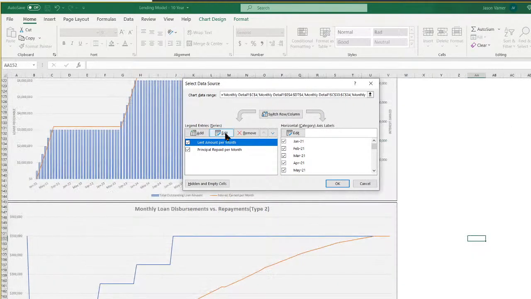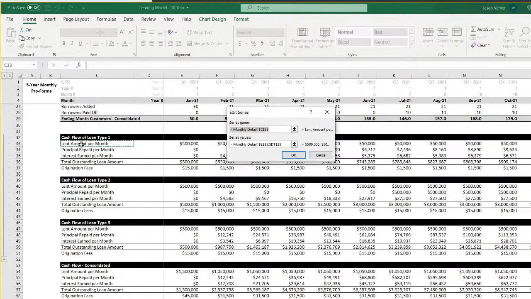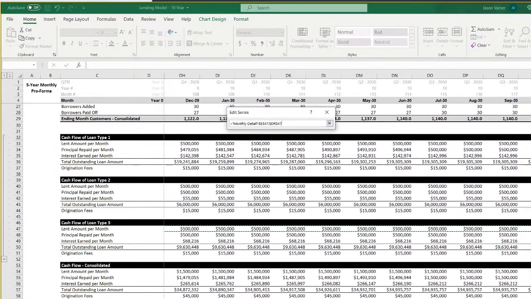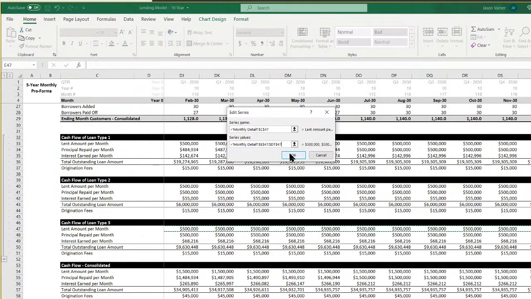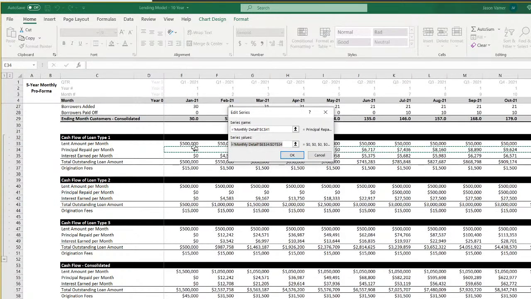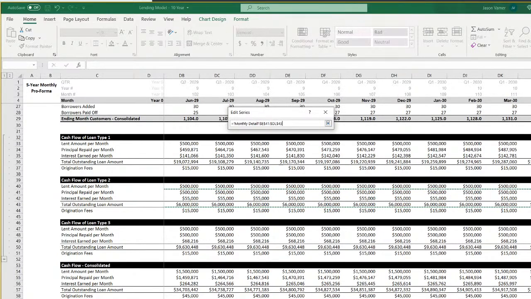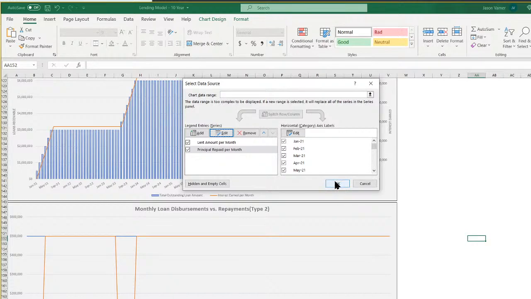So, lent amount, and then repaid collected amount for type 2. I think that captures what is really happening in the long term.